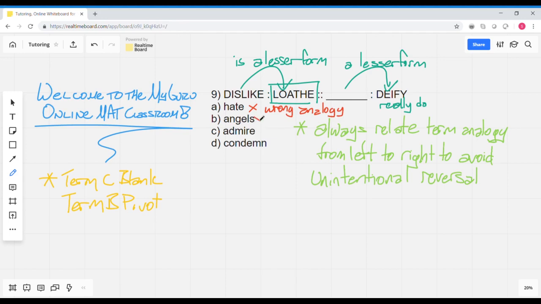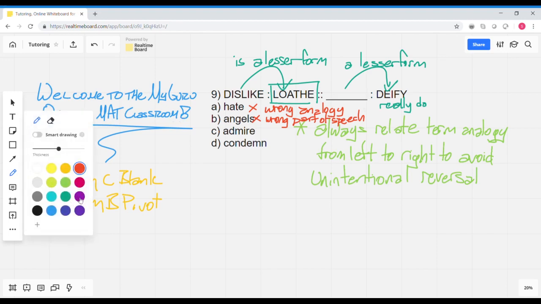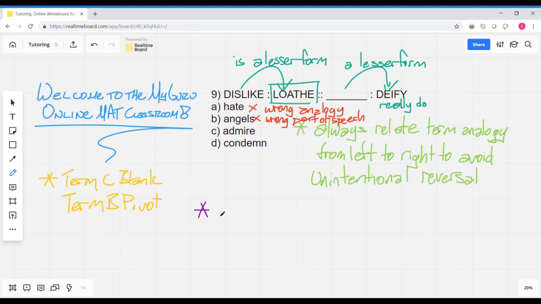Then I'm probably going to eliminate angels, because that's the wrong part of speech. You're not going to be able to have different degrees of angels, really, right? They're entities, so it doesn't make sense. And there is this idea overall on the exam that the parts of speech must be analogous as well.